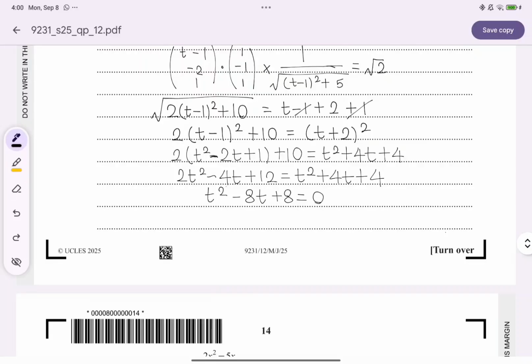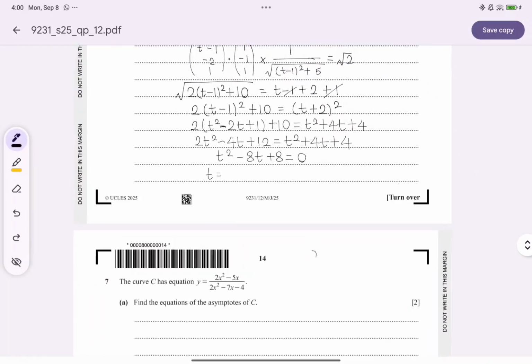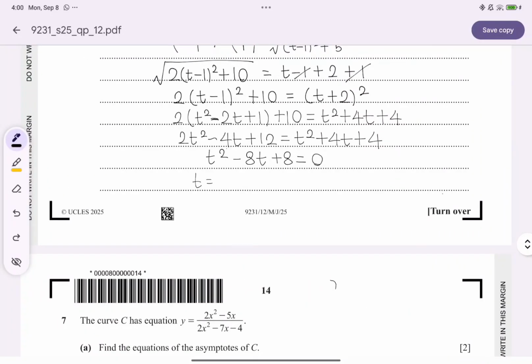Okay, now let's solve this equation. You can either factorize or use the quadratic formula. Let me use the quadratic formula here. So this is minus b, plus minus the square root of b squared, minus 8 squared, which is 64, minus 4 times a times c, over 2a.